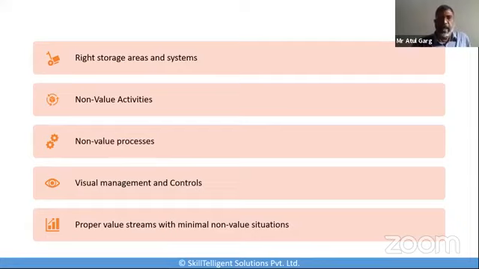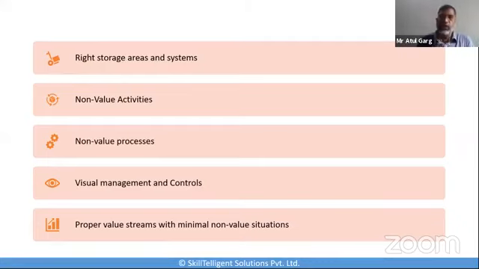This basically led to the right storage areas and systems for keeping valued material in a proper manner. We used material flow, Kanban, and so on to determine the right storage locations and inventory levels. Activities like multiple trips to bring material were replaced with a better material transportation system to bring more material in one go, which again reduced the non-value activity.